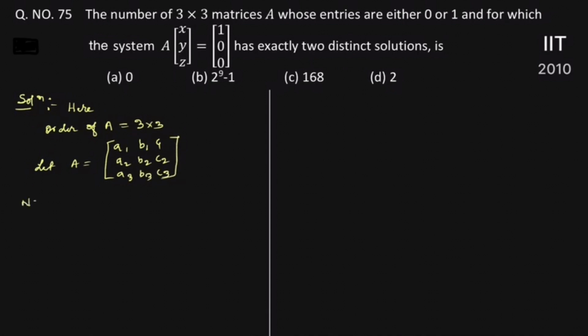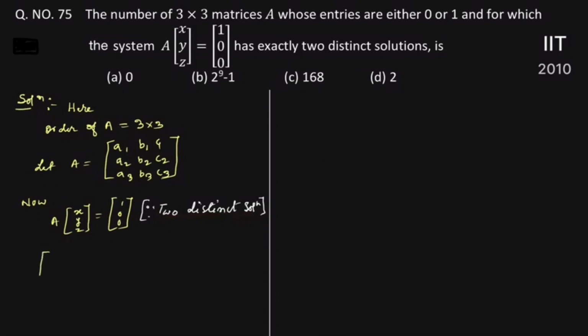It is given that A times x, y, z equal to 1, 0, 0 has 2 distinct solutions.